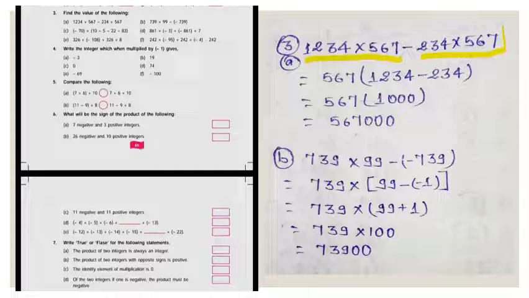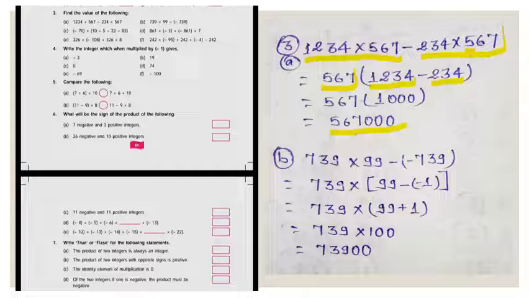In both terms you can see that 567 is a common factor, so I have taken 567 common, with 1234 from the first term and minus 234 from the second term, and it gives us 567 multiplied by 1000, and the required answer is here. So I have utilized the distributive property and very easily I have found the answer.